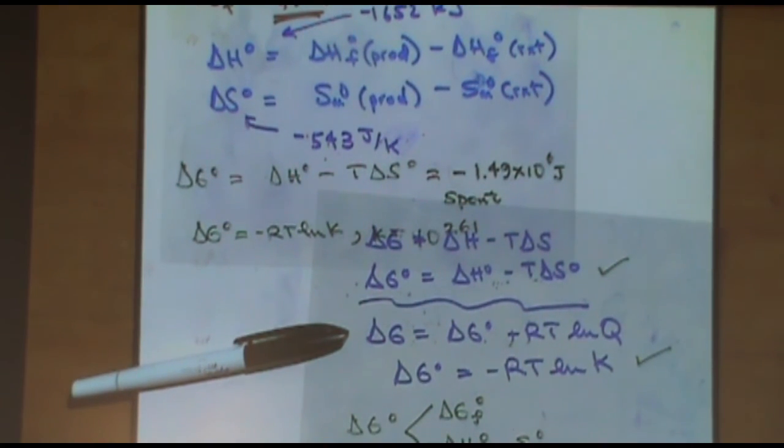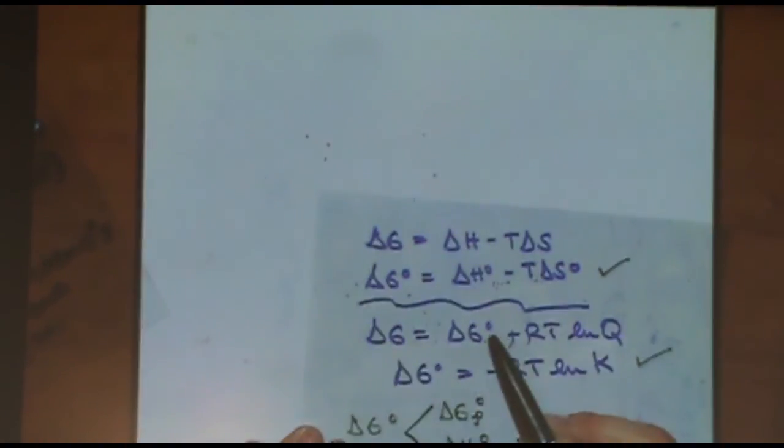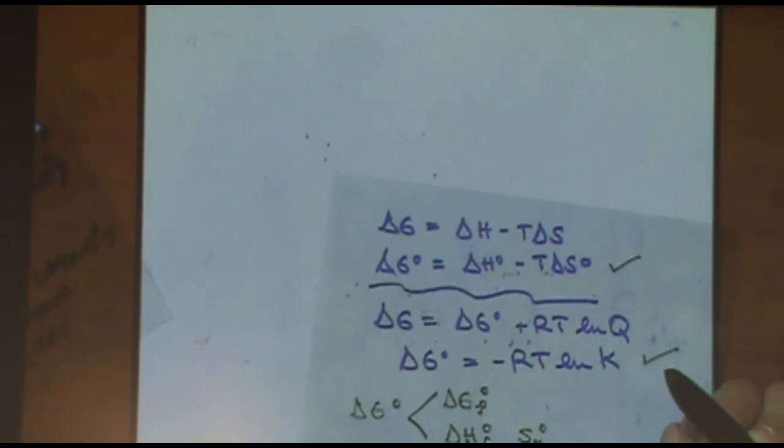If you are given partial pressures or concentrations, you are most likely going to use that equation where my pen is right now. And you'll probably be asked for a non-standard delta G. So read the problem really carefully. You basically need to see, is there a 0 in the question, or not, this superscript 0?